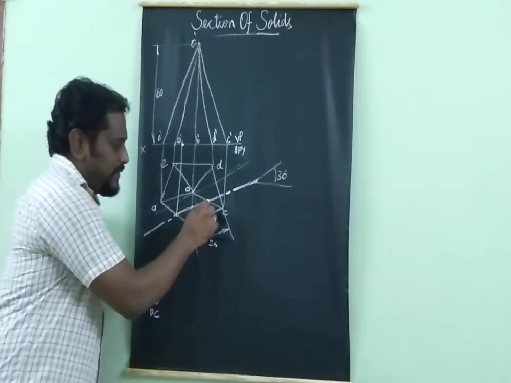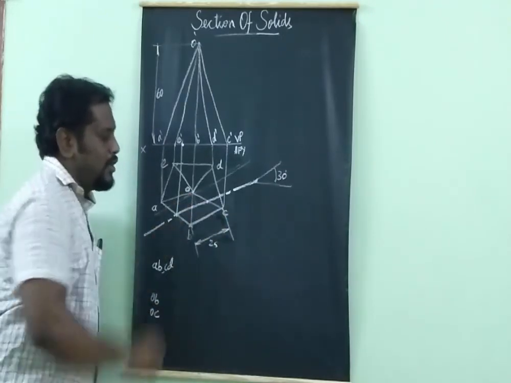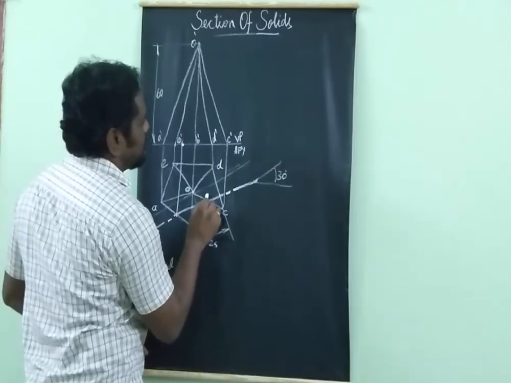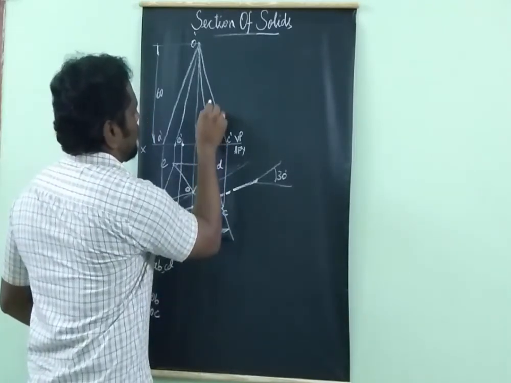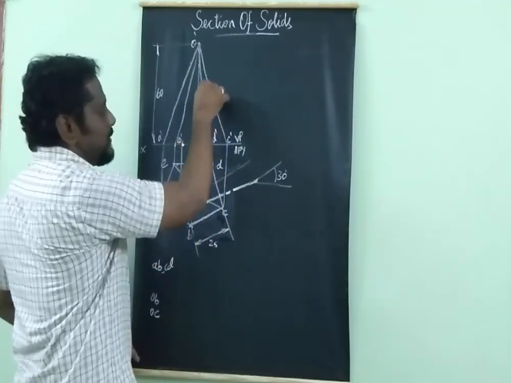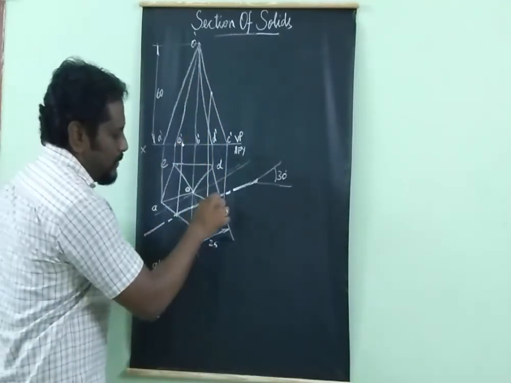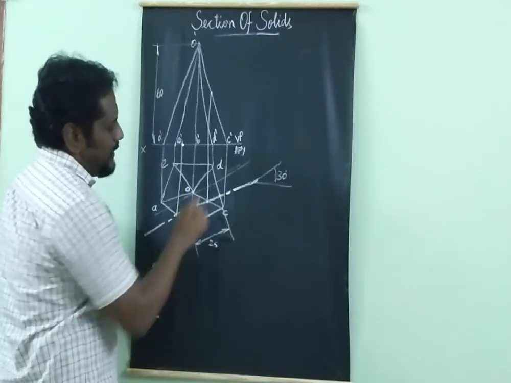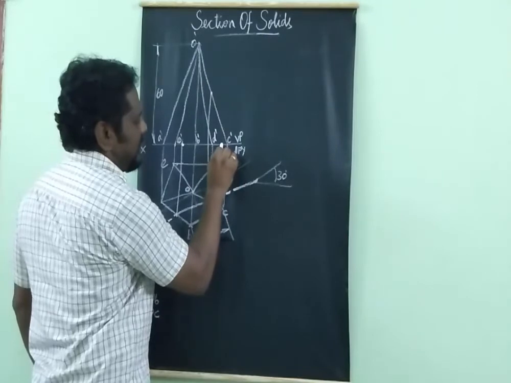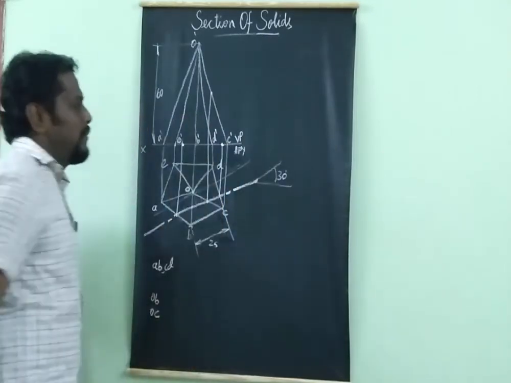Now transfer this point, which is in the OC line, up to the long edge OC. So here one cutting point, here the third cutting point, and the fourth cutting point is in the line CD. So transfer this point to the CD line. So this is your fourth cutting point.